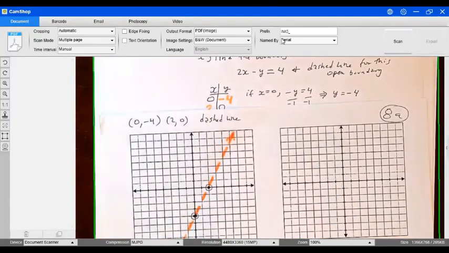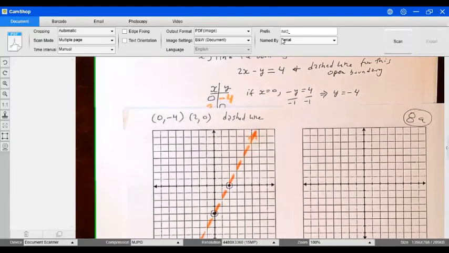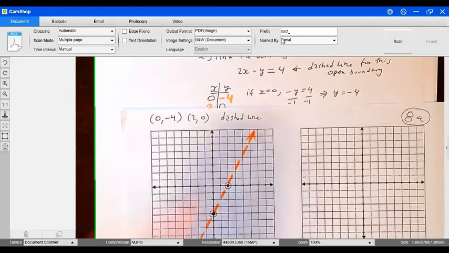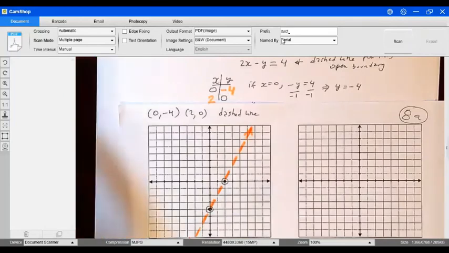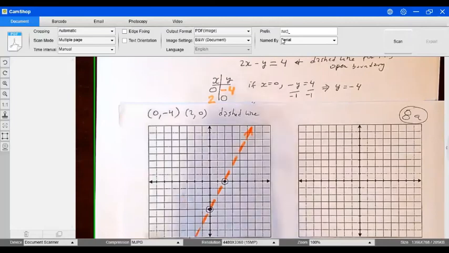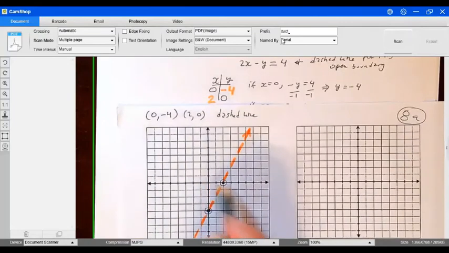Remember, anytime that you have a boundary, the boundary is dividing the plane into regions. One is going to be the solution region, and the other one is not going to be the solution region. So to know what is the solution region, we need to test the origin, and we need to see whether the point is inside or outside.